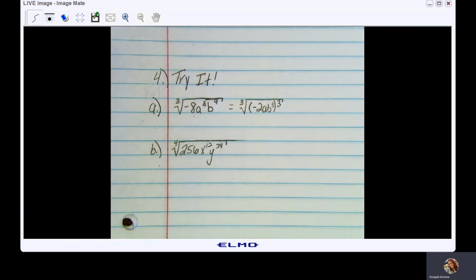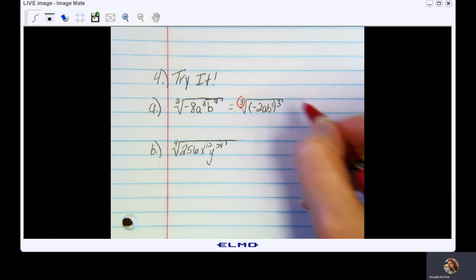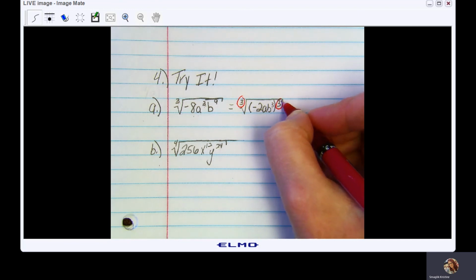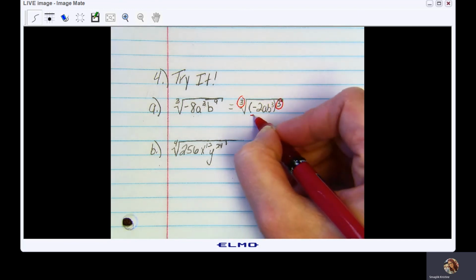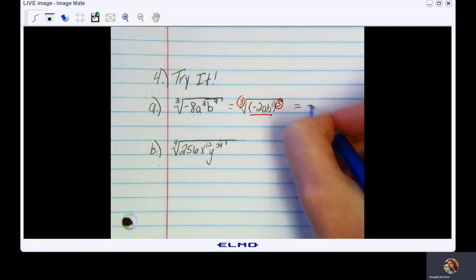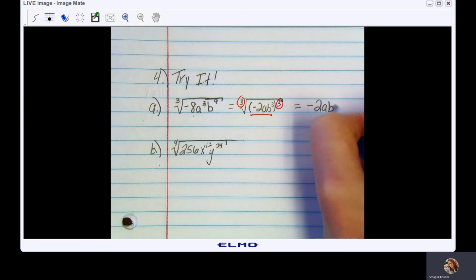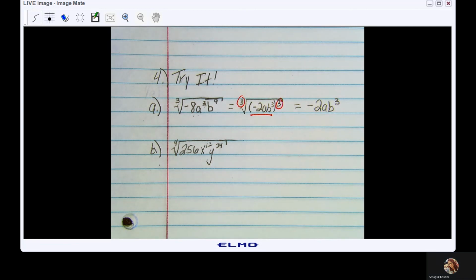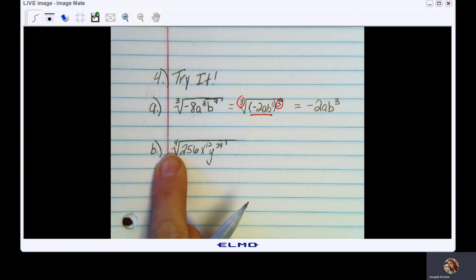And now here again, your index matches your exponent. These cancel each other out. Your answer is right here. There's your final answer.